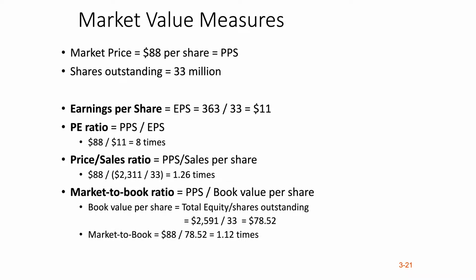Earning per share, net income divided by 33 million, is $11 per share. PE ratio is 8 times. Now this says the price is 8 times earnings. They also measure the price to sales ratio. Those are also market value ratios.